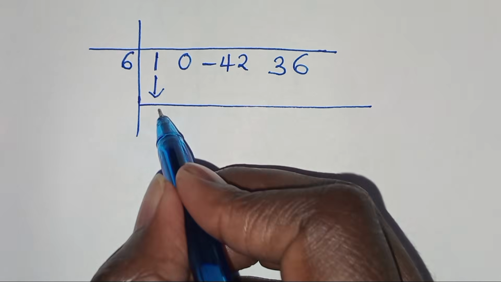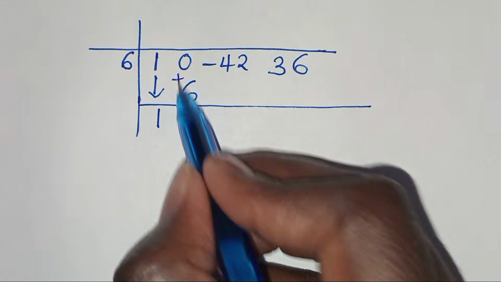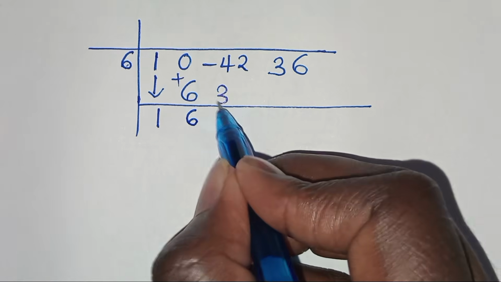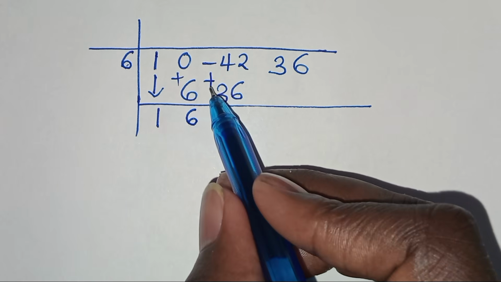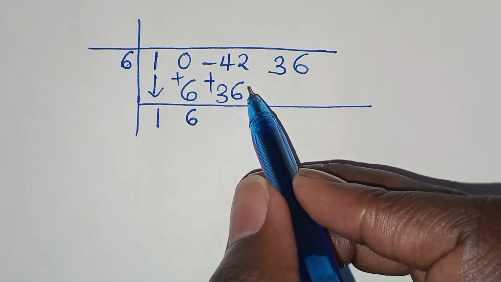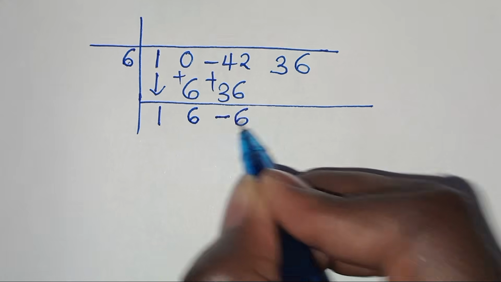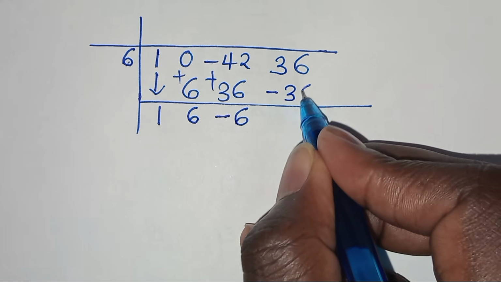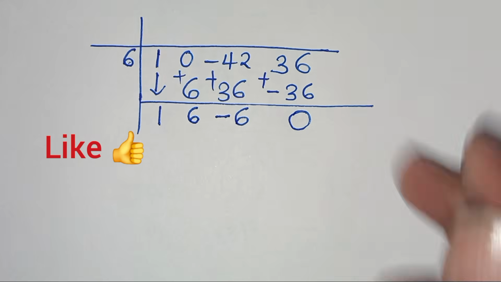So this means we have 6 times 1, this is equal to 6. 0 plus 6, this is equal to 6. 6 times 6, this is equal to 36. Then we have minus 42 plus 36, and you find that this is equal to minus 6. 6 times minus 6, this is equal to minus 36. And we have 36 plus minus 36, this is equal to 0.